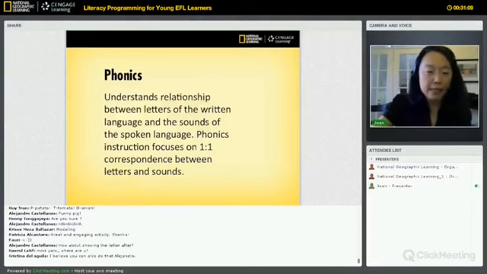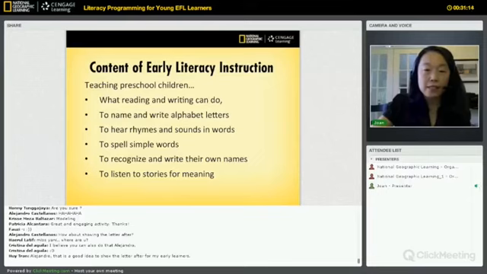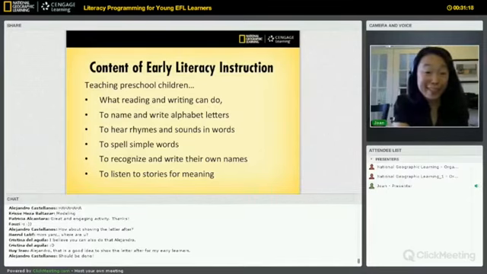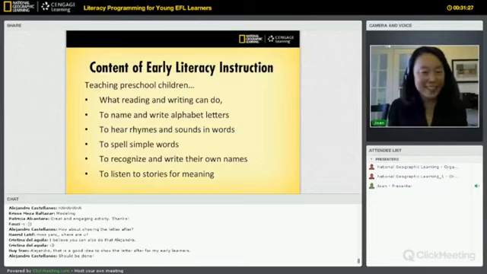Okay, and so as you can see, it's very important in these early stages that we are teaching our preschool children, who are in that early literacy stage, to understand what reading and writing can do. Just what is it, right? We want them to start naming and writing alphabet letters.